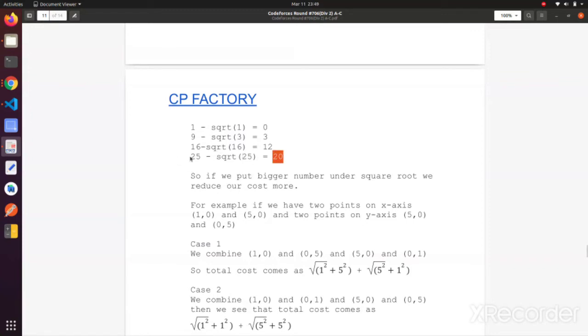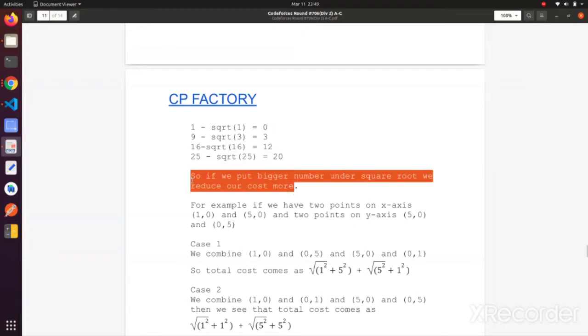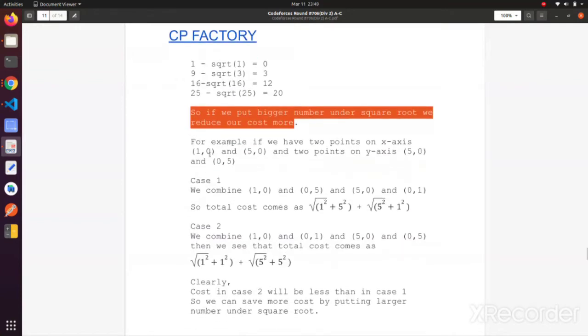So we can observe that as the number gets bigger, our difference is larger and our cost keeps reducing. So if we put a bigger number under the square root, that reduces our cost more.